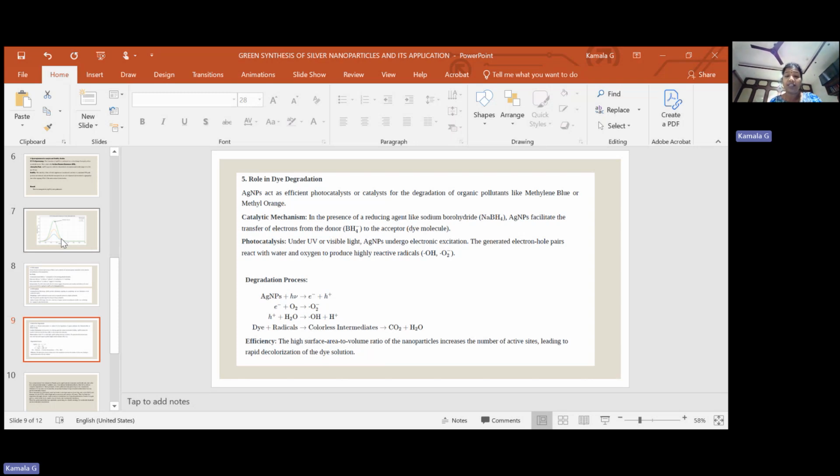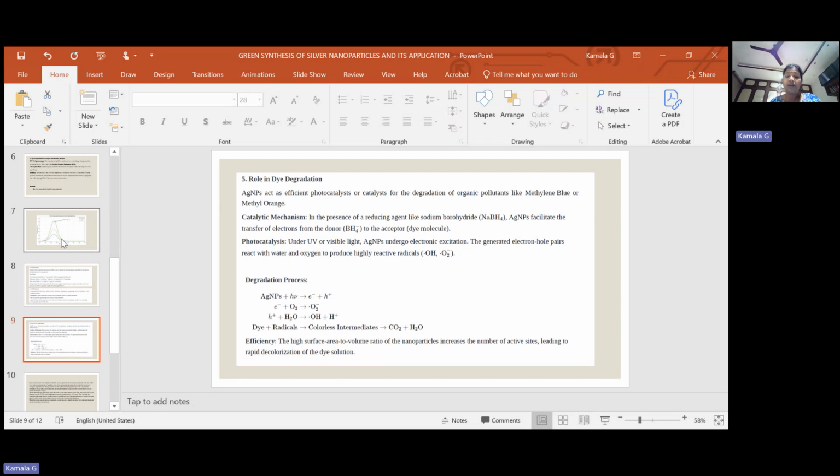Silver nanoparticles transfer electrons to the donors and convert them into acceptors, right? In photocatalysis under UV or visible light, silver nanoparticles undergo electronic excitation. The generated electron-hole pairs react with water and oxygen to produce highly reactive radicals.